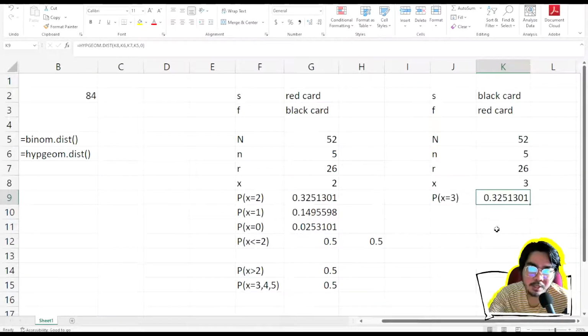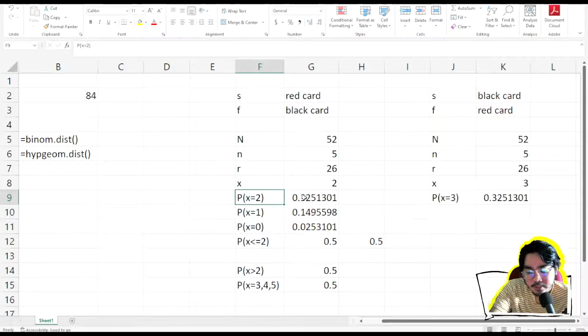Yeah. Equal lang siya. So the probability na x is equal to 3 black cards is the same probability that x is equal to 2 red cards. Okay? So I hope I've shown you, no, na the success and failure is arbitrary and depende na lang kung paano nyo gustong i-set up siya.